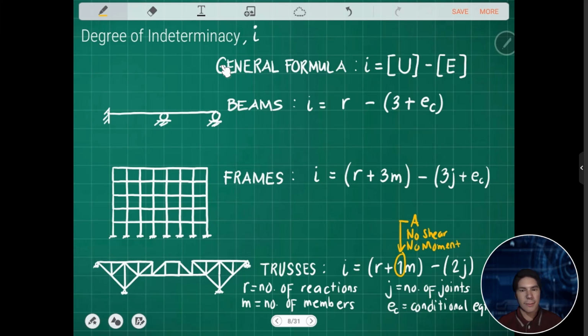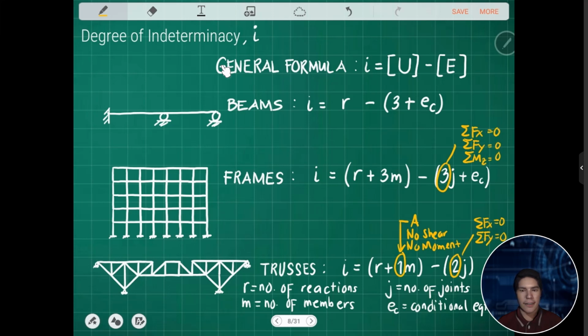And for the joints, at every joint we can use summation of forces x equal to 0 and summation of forces y equal to 0. So for frames, at every joint we can use summation of forces x, forces y, and moment equal to 0.